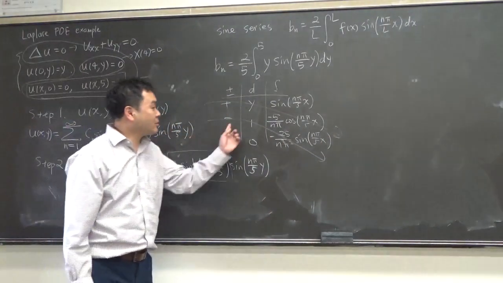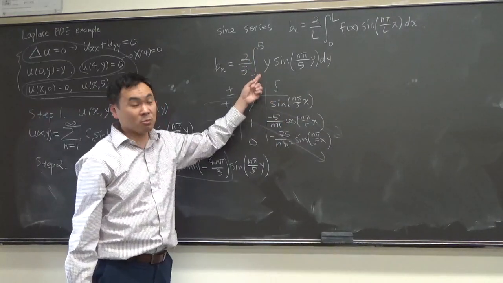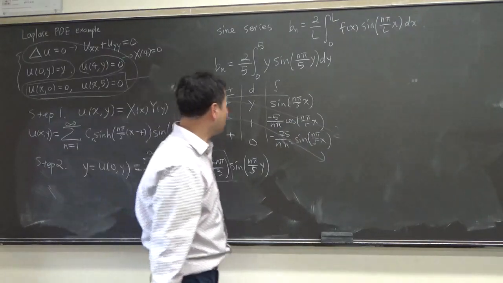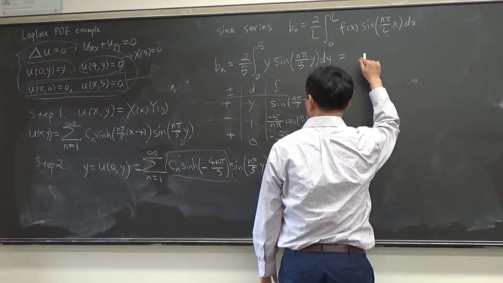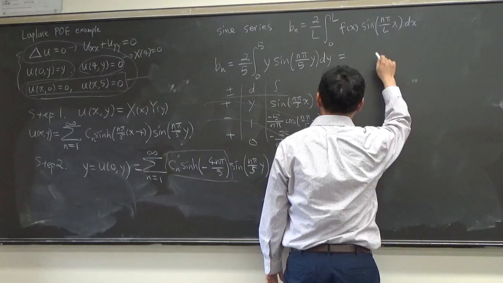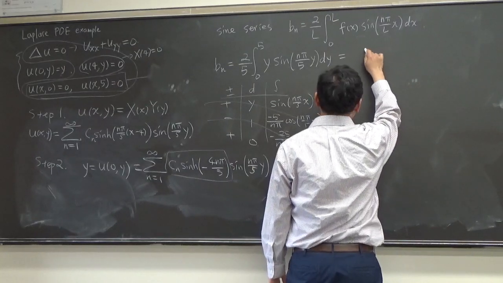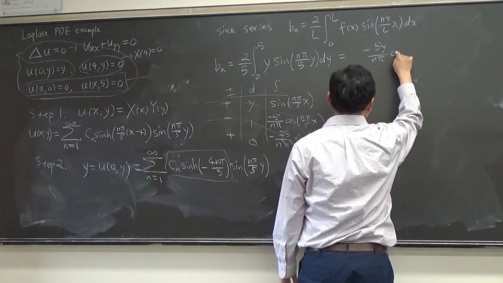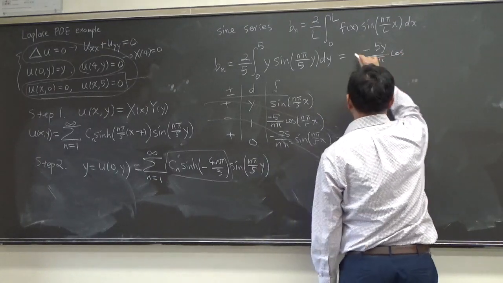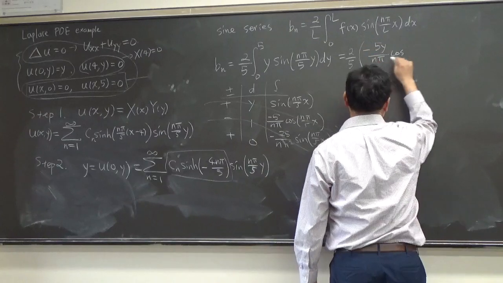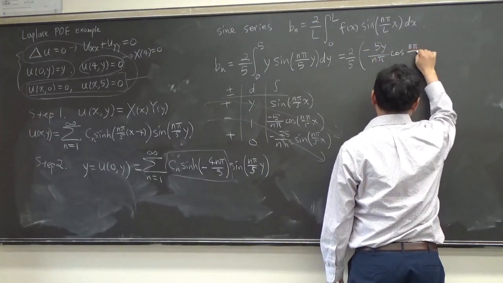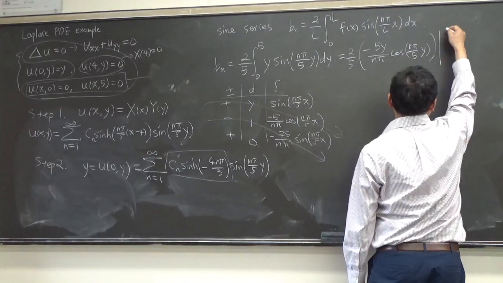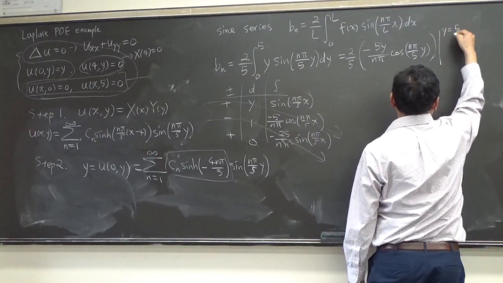However, we know that the sine functions, when you plug in the boundary points, you get zeros. So the only thing that doesn't vanish is negative 5y over n pi cosine(n pi over 5 y), and then you have to plug in y as 5 and y as 0.